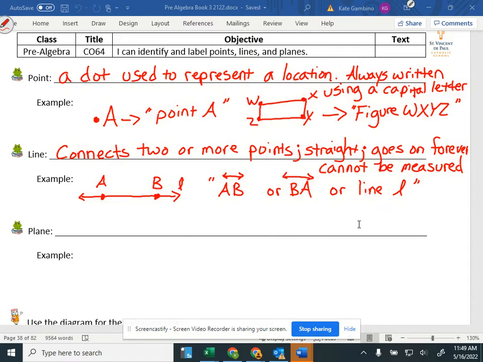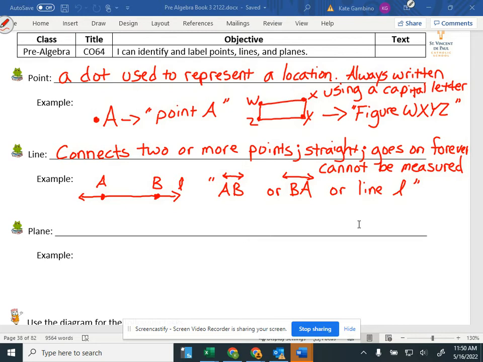So this right here would be line AB, or we could say line BA, or we could just say line L, whatever letter is there representing that line. So we have 3 different ways that we could label that. So we have our dot is just that point. We have the 2 points connected is our line.